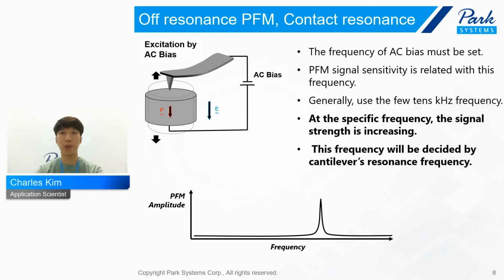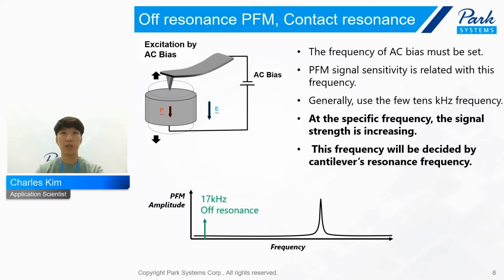That means the PFM signal sensitivity will be increased. You can get a much clearer PFM signal if you use this frequency as the AC voltage on the sample. So how do we know where this frequency is? This frequency will be decided by the cantilever's resonance frequency. I will talk about this in more detail in the next slide.